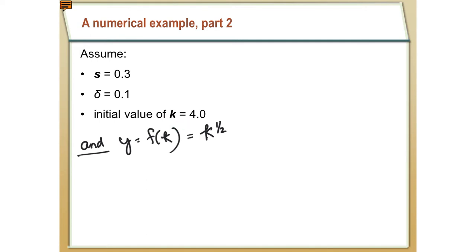And so ultimately, what we'd like to know is, what is the steady state capital per worker? Once we figure that out, we should be able to figure out what is the output per worker in steady state, what is consumption per worker in steady state, and what is the investment per worker in steady state. All we need to do is find k first, and then the rest of the answers are going to flow from that answer.